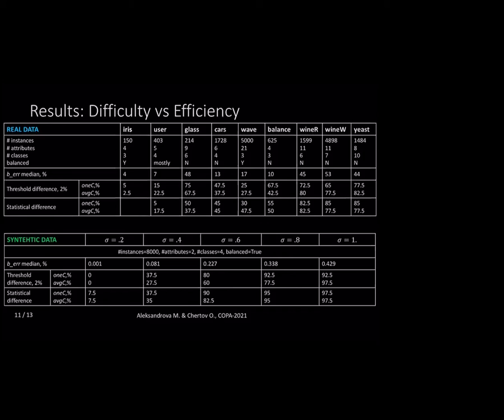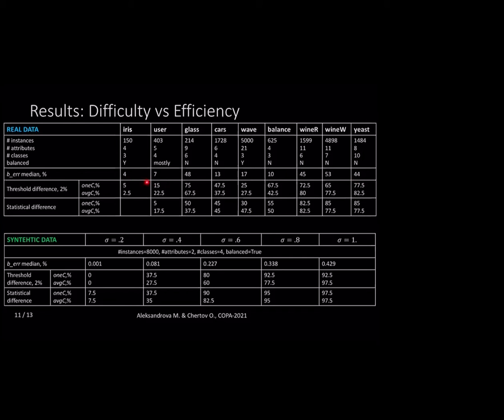The two last rows show in which percentage of the setups we observed either a threshold difference between different nonconformity functions, where the threshold we used was 2% of relative deviation, or a statistically significant difference. And these values are represented here.